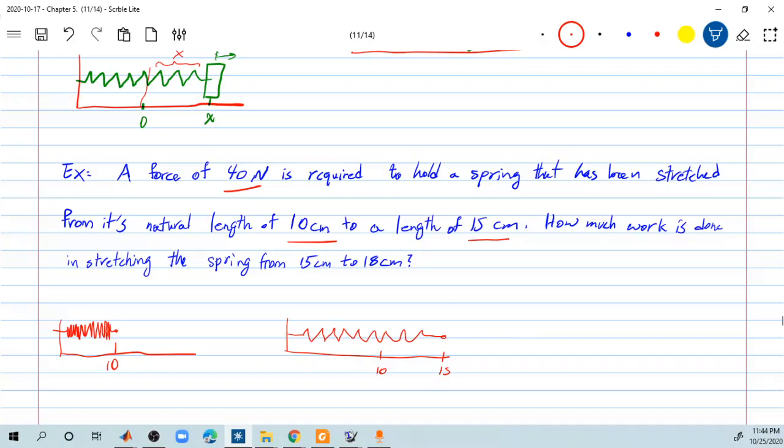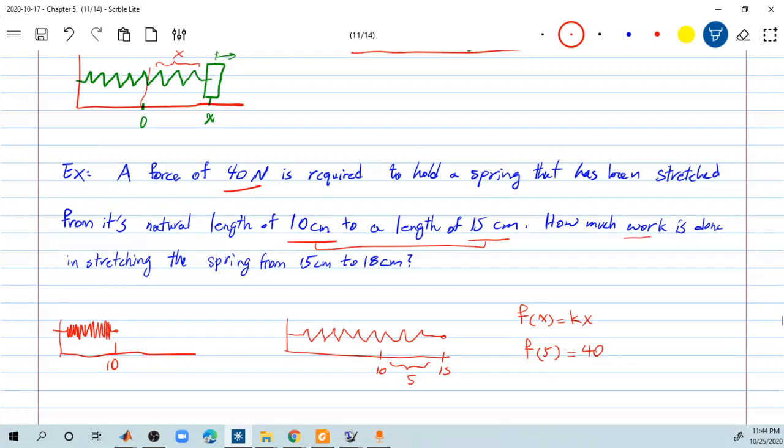And the force for this stretch, f of x, which is kx, is given as 40. F of what is 40? That's the question. Since the change in x in this case is 5, we know x is 5, the distance that the spring has been stretched. So f of 5 is 40.